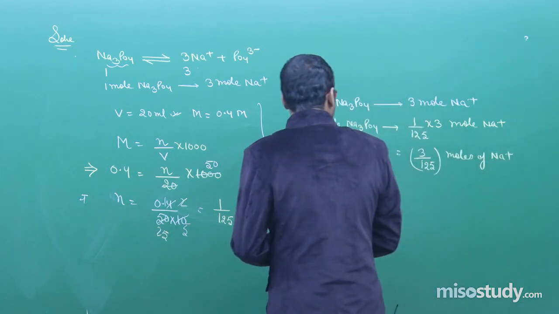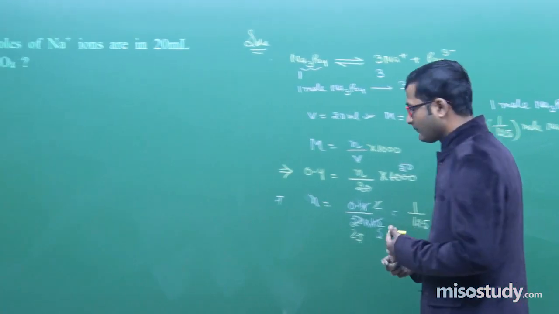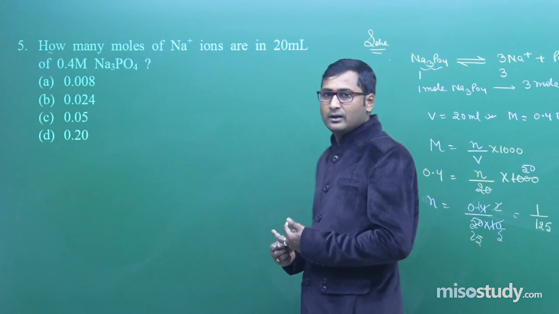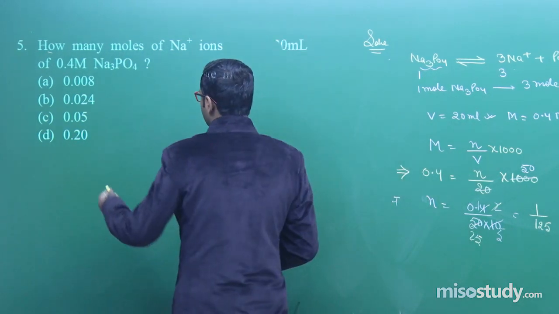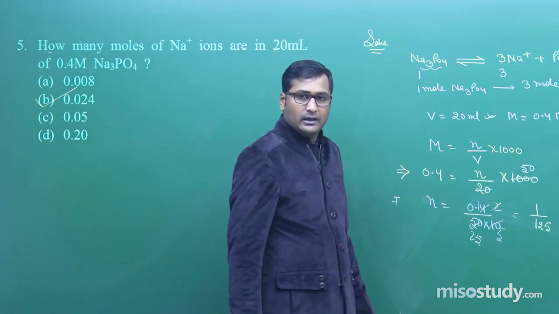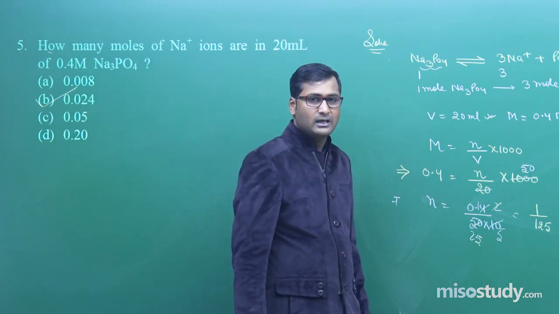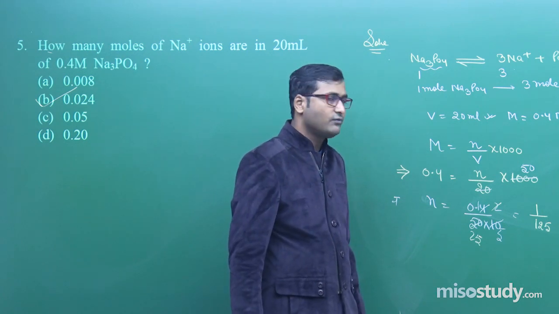Clear to you? So after solving, you will find the value, which is equivalent to 0.024. Clear, my friend? Definitely. It is very simple and you can solve this question very easily.